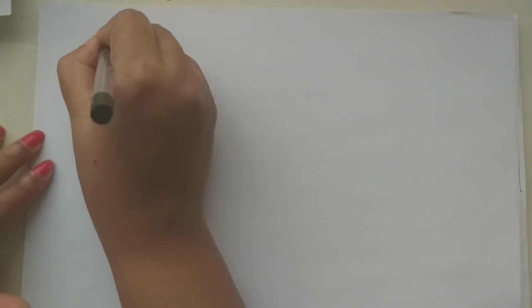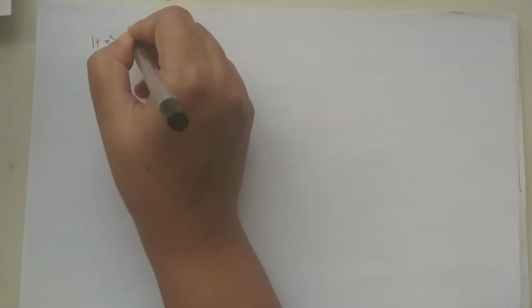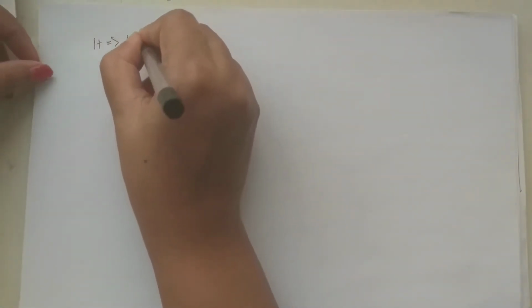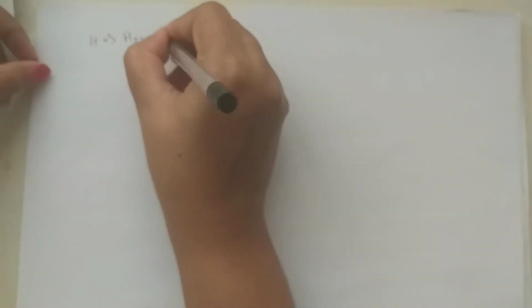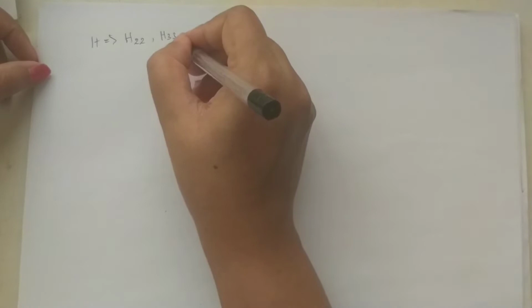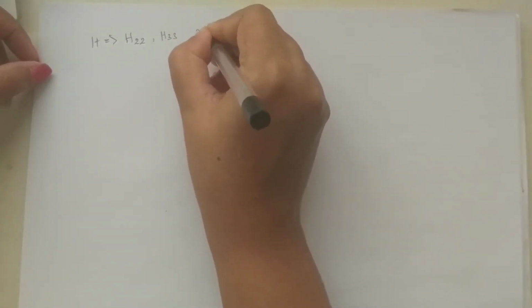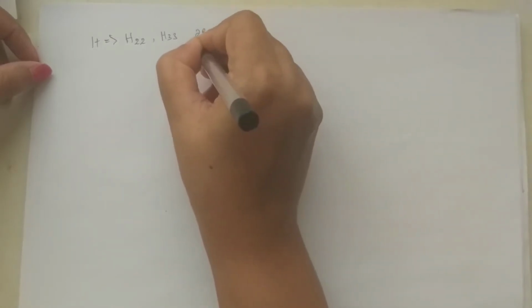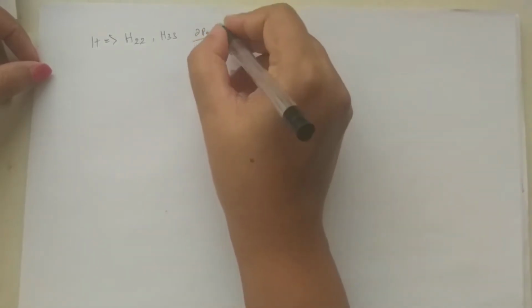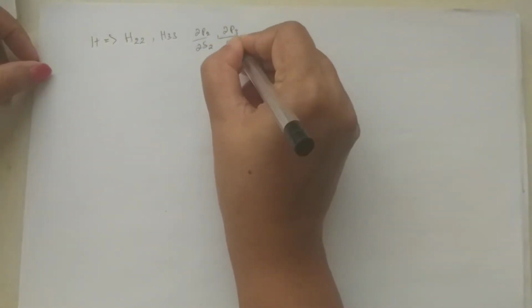Therefore matrix H will have the diagonal elements H22 and H33. H22 is the partial differentiation of P2 with respect to delta 2, and H33 is the partial differentiation of P3 with respect to delta 3.